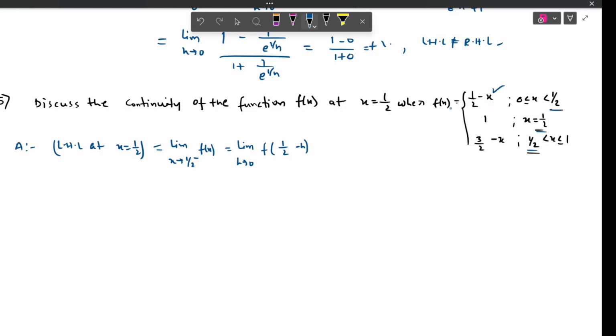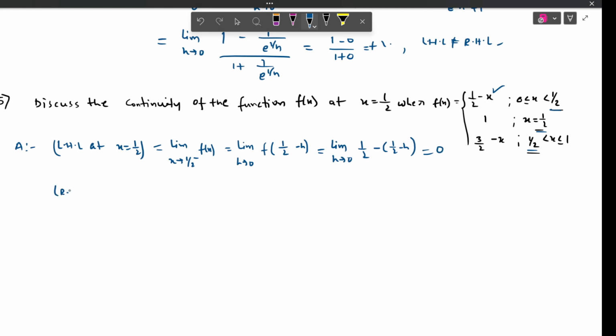So we have to take this function. So in place of x we have to put half minus h, so this would be limit h tends to 0, half of minus half minus h. So half minus half will cancel out, and h tends to 0, so it is 0.